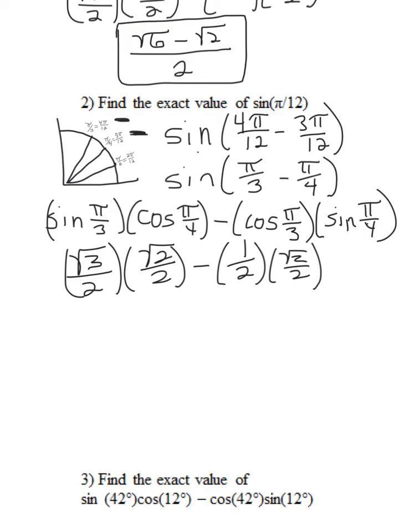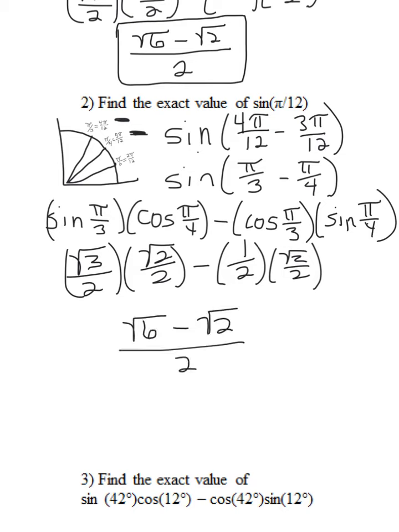And since we're using the sine formula and we're subtracting, we're also going to subtract here. And then we have cosine of pi over 3, which is 1/2, times the sine of pi over 4, which is root 2 over 2. We're going to multiply these together and simplify and come up with our final value for sine of pi over 12.